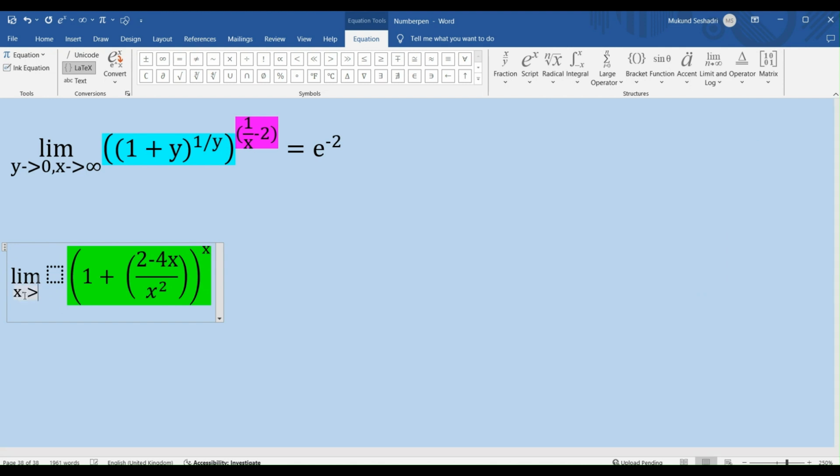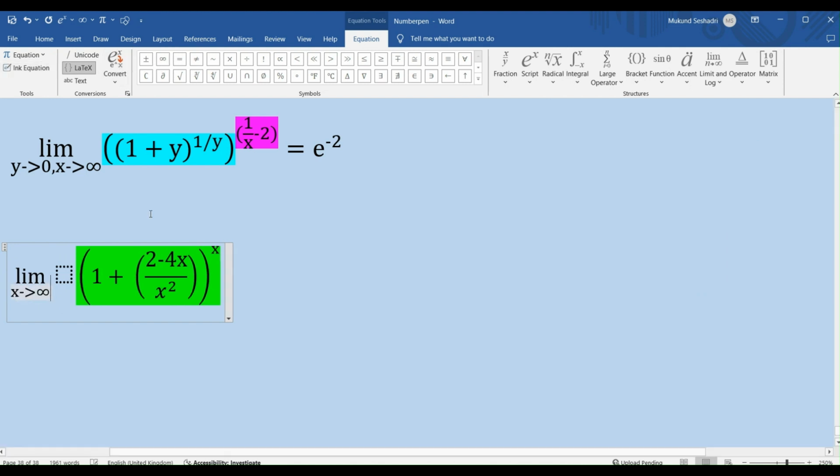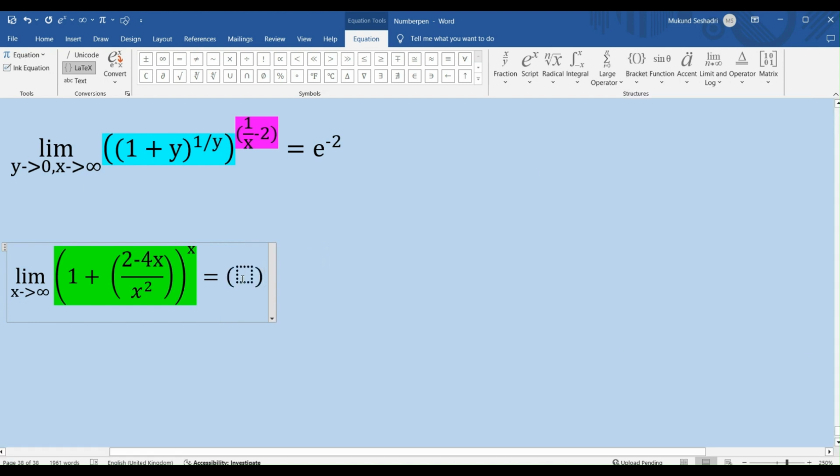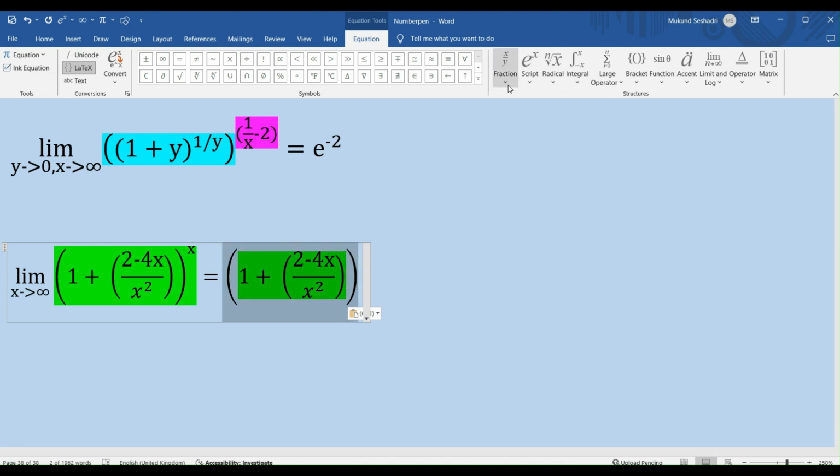So I've got x extending to infinity, and I copy this and put it out here. When I write this in a manner similar to what I did earlier, all that I will get is 1 plus (2 minus 4x) by x square, the whole power.